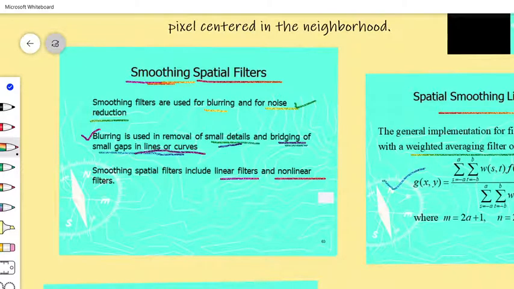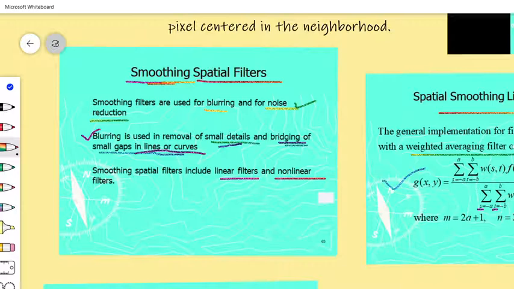This is the smoothing filtering operation we previously discussed, and we divide by the sum of the weight matrix W. Here the limits are minus a to a, minus b to b, where a is for the output x coordinate and b is for the output y coordinate.